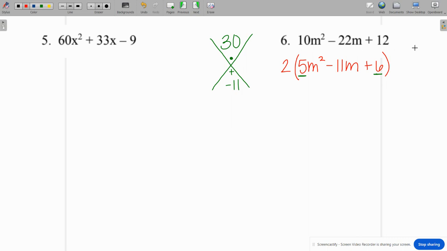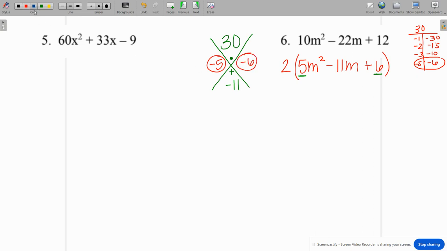So if you need to, again, you could list out the factors of 30. They're both going to have to be negative. So negative 1 and negative 30, negative 2 and negative 15, negative 3 with negative 10. Negative 4 is not a factor, so we have negative 5 and negative 6. It looks like negative 5 and negative 6 would add to be negative 11, so that's what we want to use.